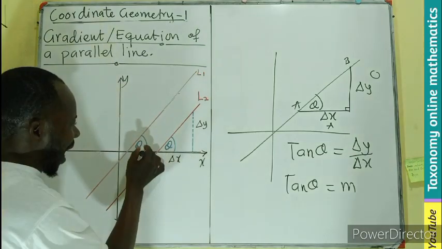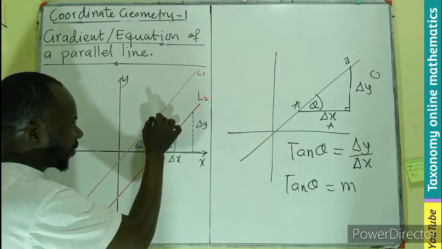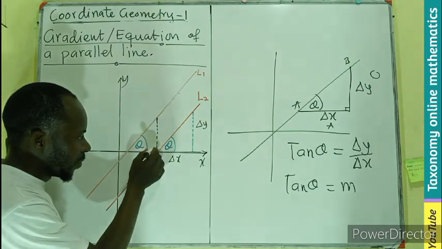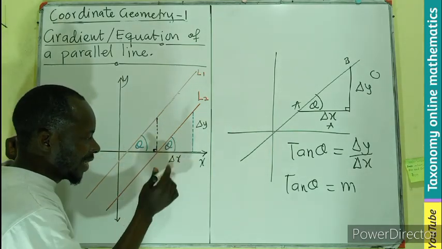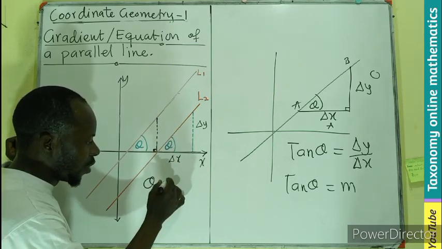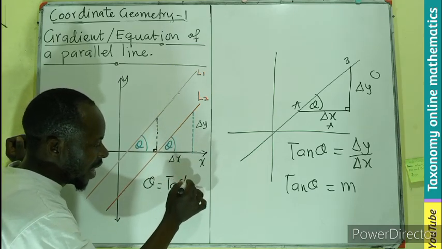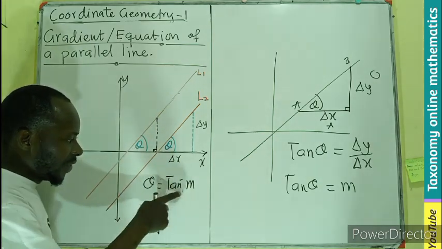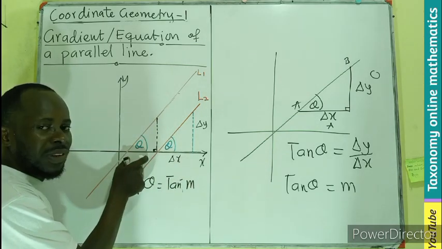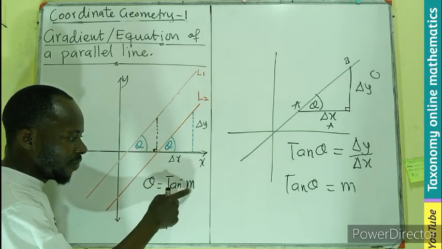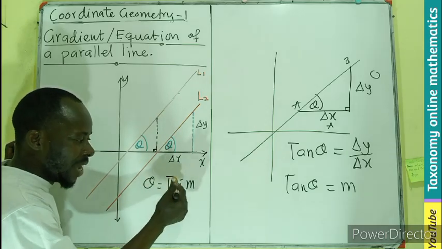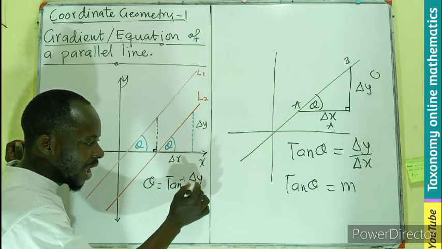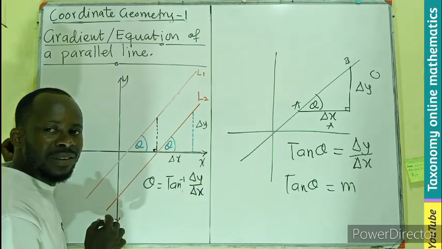Then this angle also, if I draw it, forming a right angle triangle. Imagine we are saying that this angle is going to be equal to the tan inverse of the gradient. So I have to put the same value. If this is 40, this is 40. Then the tan inverse of the gradient will also be the change on the y-axis over the change on the x-axis.